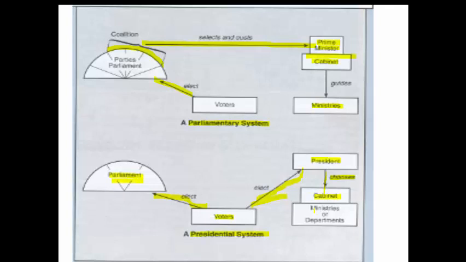And then the cabinet and the departments carry out the administrative functions of government. But you have considerably more checks and balances and separation of powers here, because the voters are electing the president and the Parliament separately, this one covering the legislative branch, this one covering the executive branch.